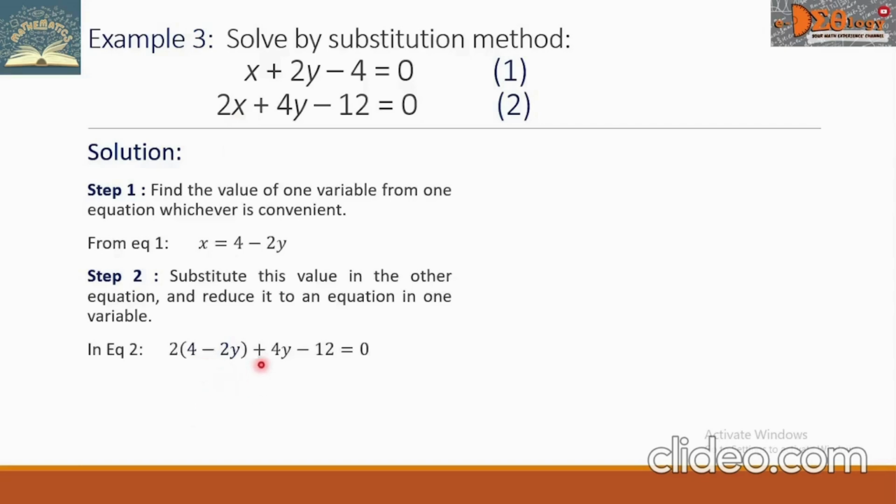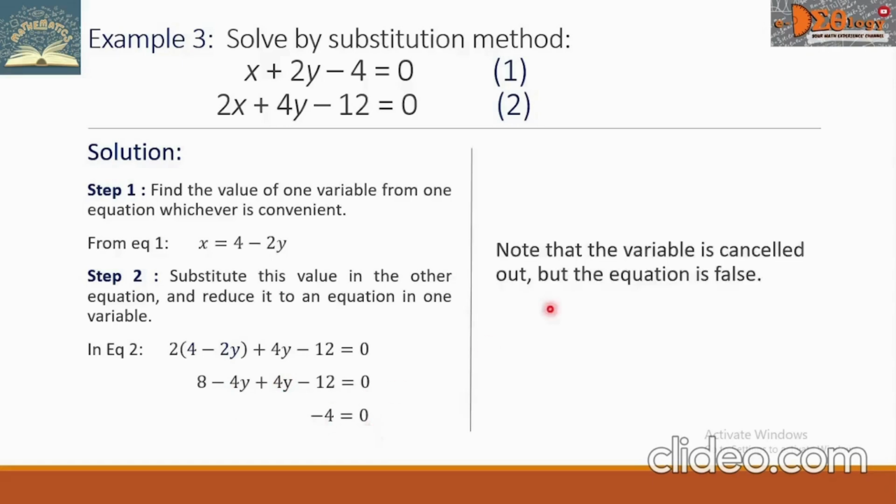Then we copy plus 4y minus 12 equals 0. We simplify further. 2 times 4 is 8. 2 times negative 2y is negative 4y. Then plus 4y minus 12 equals 0. We simplify: negative 4y plus 4y becomes 0. 8 minus 12 is negative 4, equals the right side value 0.